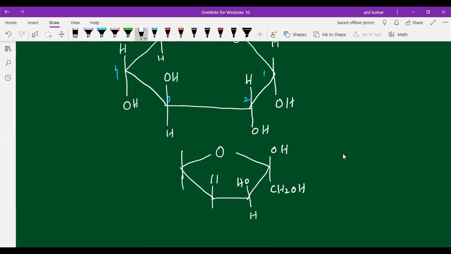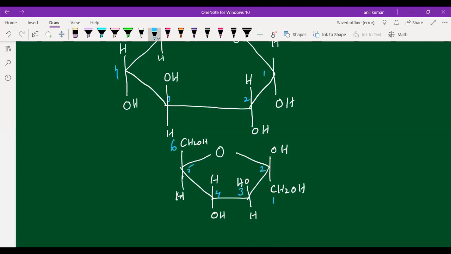Fourth carbon, hydrogen, OH. Fifth carbon will be here and the sixth one will be upside, CH2OH and H. Now you give the numbering, students: first carbon, second, third, fourth, fifth and sixth. Right, students?